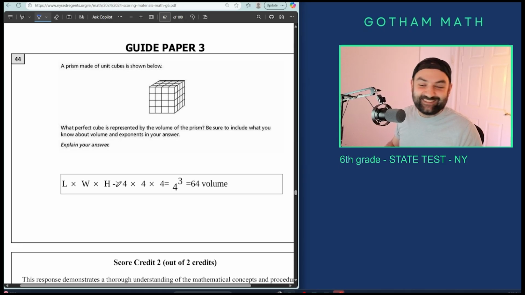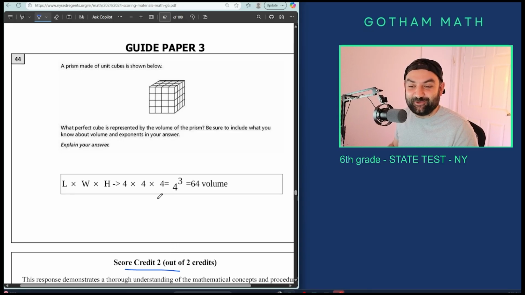Length times width times height, arrow. Someone didn't want to write it, I guess: 4 times 4 times 4, which is 4 to the third, which is 64, and this person gets 2. How about that? I mean, that's what we got, 64, right? Yeah, but that's what I'm talking about. Look at this. I don't think that deserves a full score. Why? Because there are no words, there's no explanation. It says explain your answer, and where's the explanation?